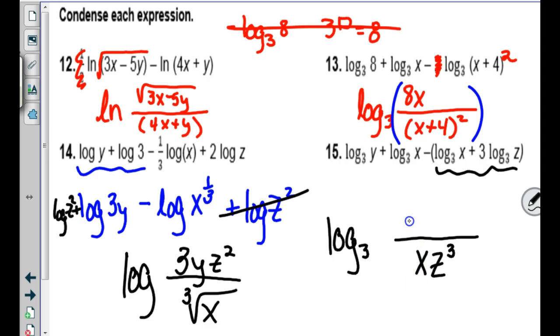And what's up top? X and a Y, which I wouldn't give it to you that way on a quiz, but you could simplify, right? Those would divide out. So I guess the simplified answer would be y over z cubed. Because if we had just distributed the negative, we'd have had log base 3 of x minus log base 3 of x. Would have gone away. I'm not going to ask you one like that.